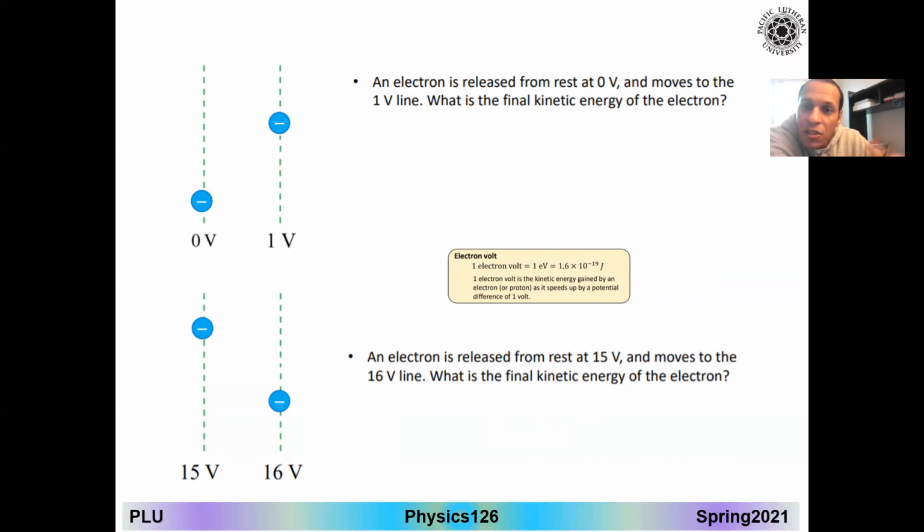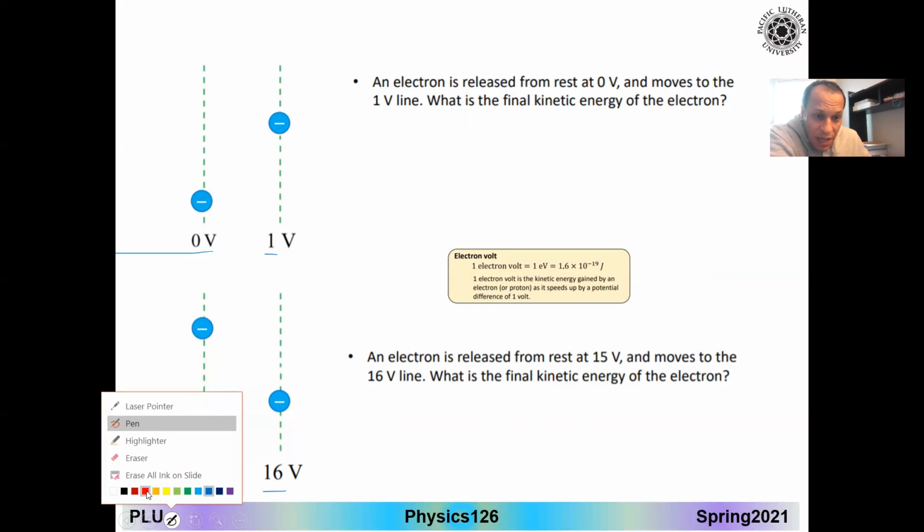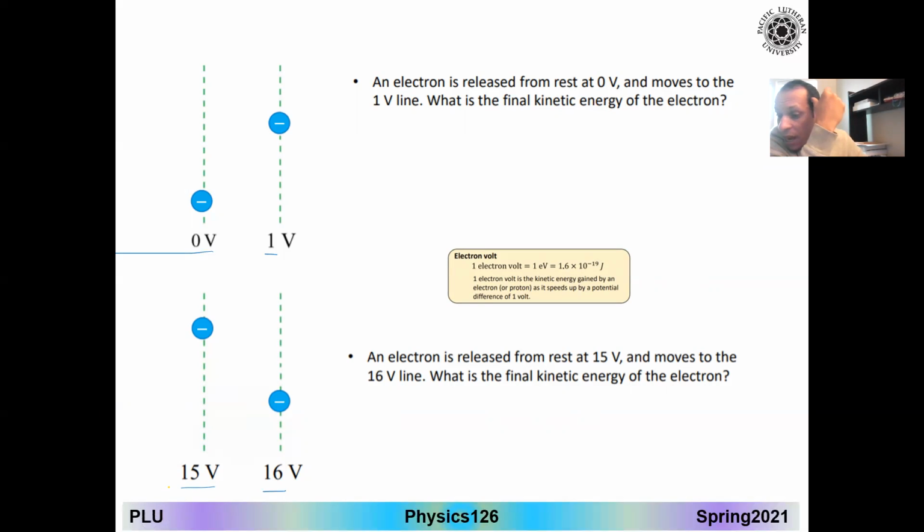In this example, I'll explain what we mean by the electron volt and how we represent it. I have two situations: a negative charge going from 0 volt to 1 volt, and a charge going from 15 volt to 16 volt as the final position. We'll calculate the energy in the two situations.